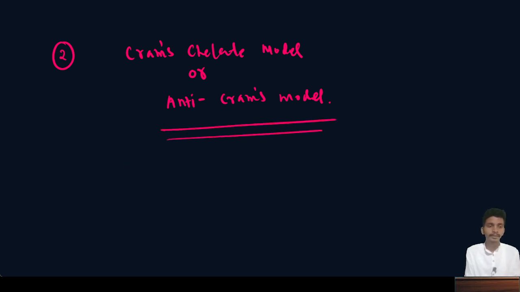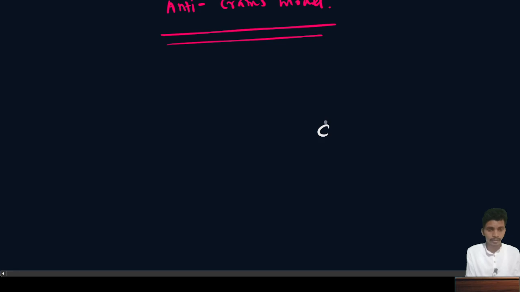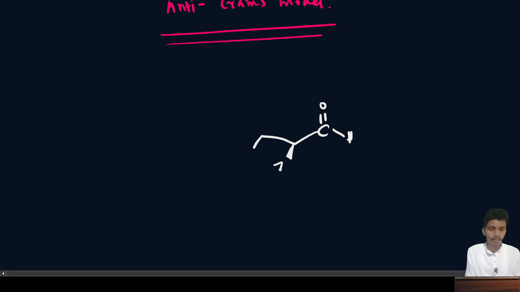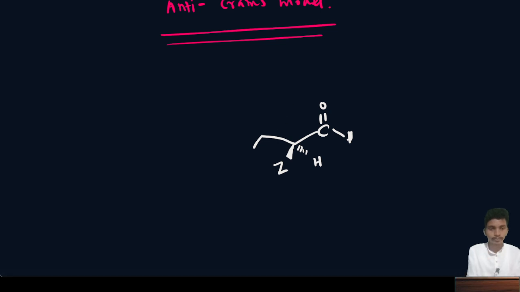What this model says is that if a carbonyl group is there, and at the alpha position stereochemistry is mentioned, let's say here we have any OH, or let's say any Z, and here we have H. So first our work is to identify which is large, small and medium.